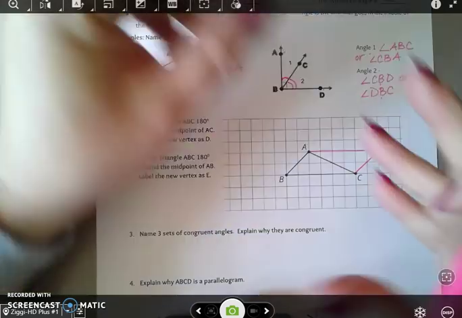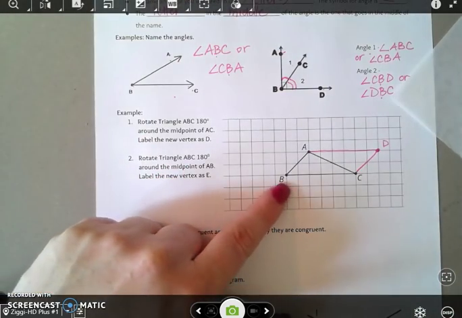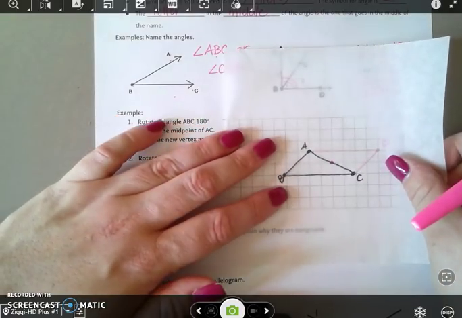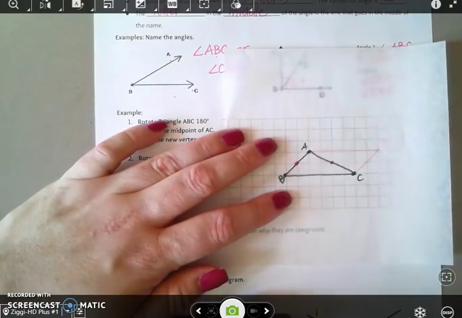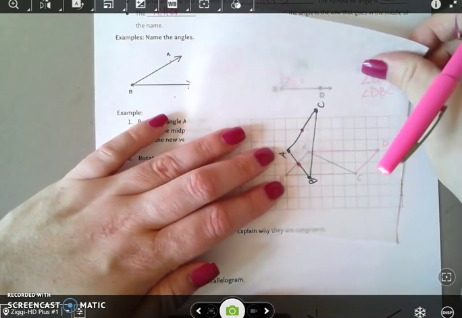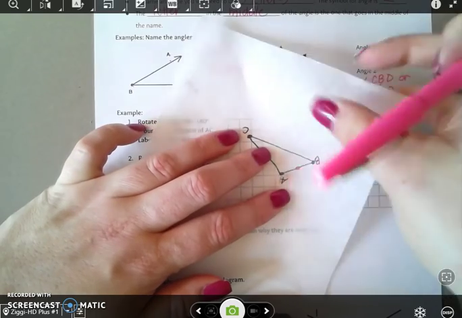Now, if you're doing the next rotation, you're rotating that same triangle, ABC, 180 degrees around the midpoint of AB. So this time I'm rotating around that point. When I do that, I go 90 and 180.